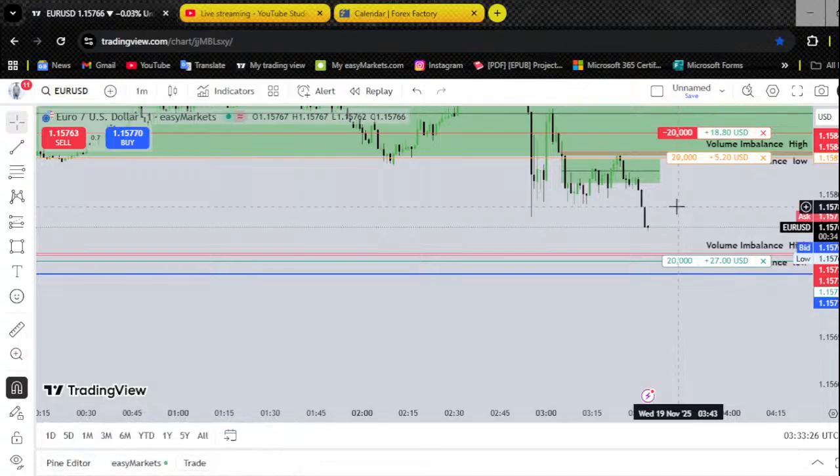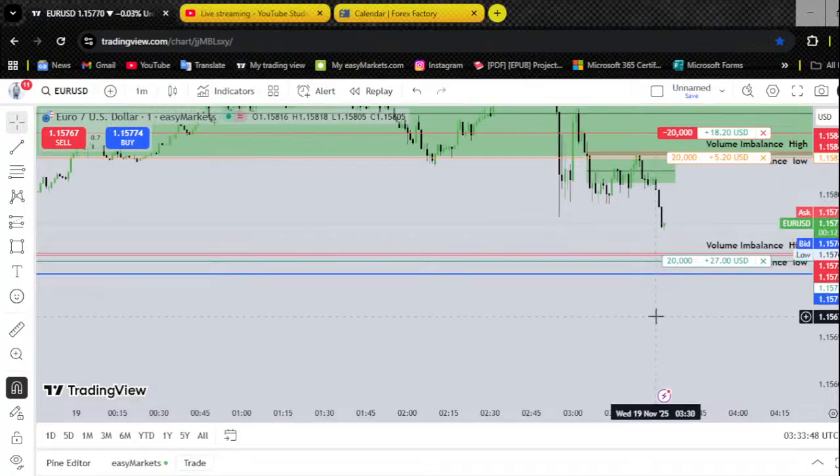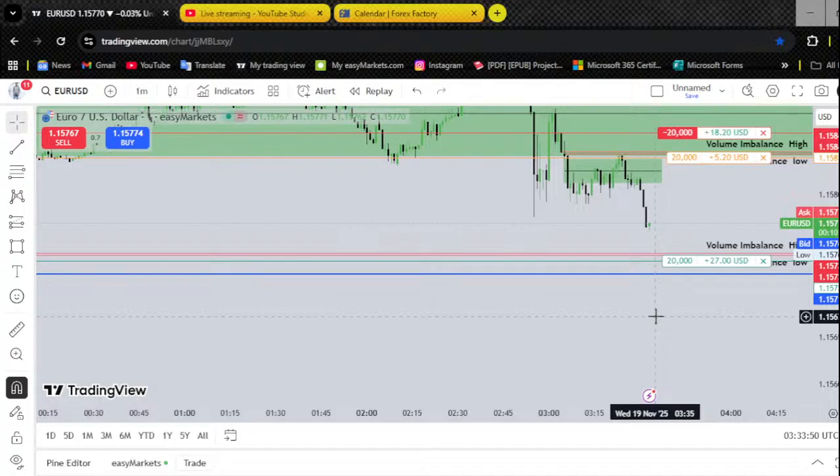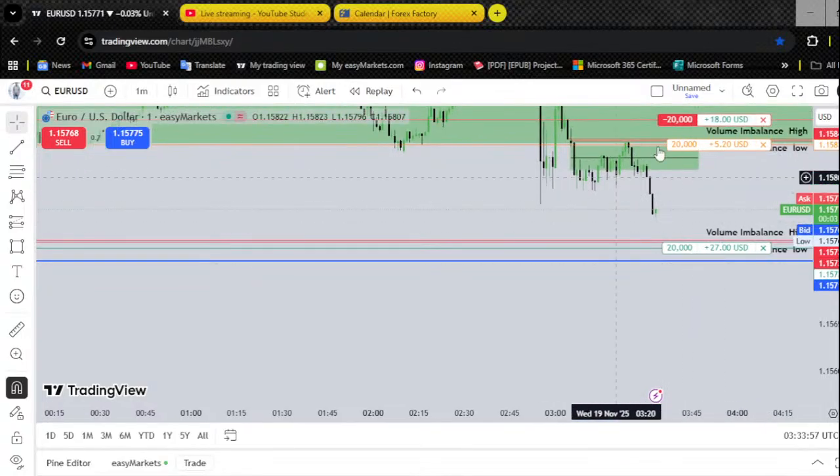Remember, today is FOMC day. You have FOMC around 2 p.m. Eastern time. I don't expect market to come and trace these fair value gaps that are here. It should be going to attack the liquidity. Even coming back to this fair value gap should not be happening. So I'm okay with my stop loss.